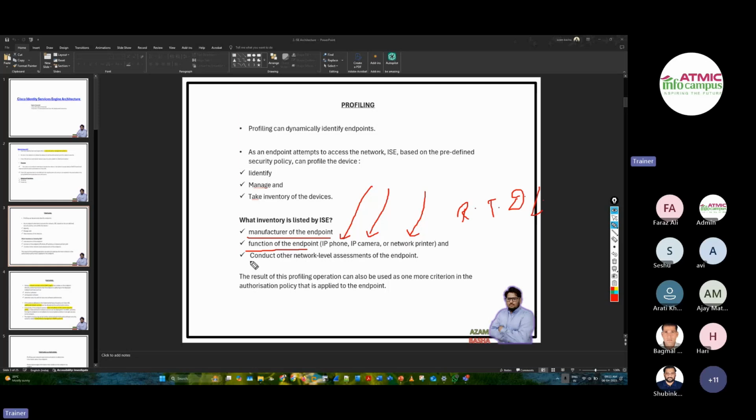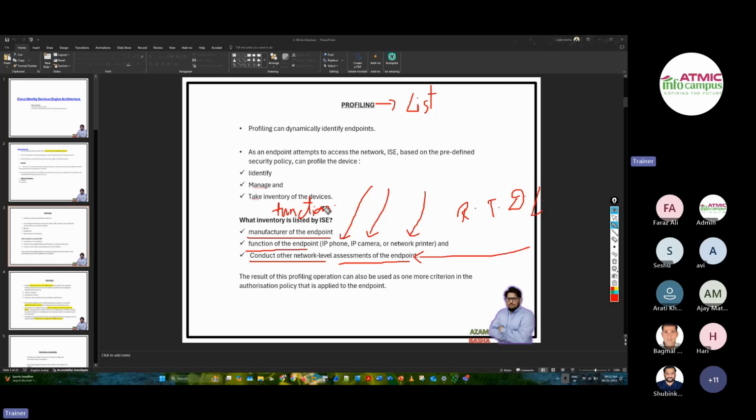And then it conducts the network level assessment of the endpoint. Profiling, the definition: it lists the network devices. And what is the function? It provides the inventory.